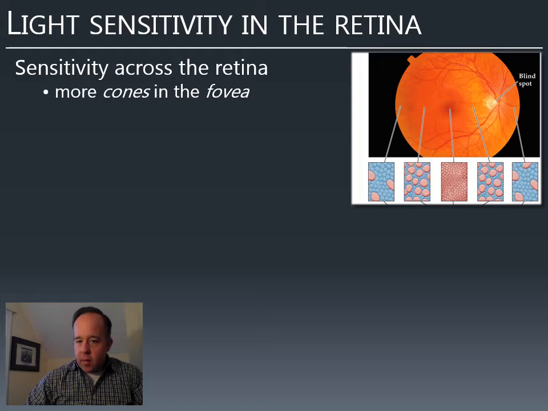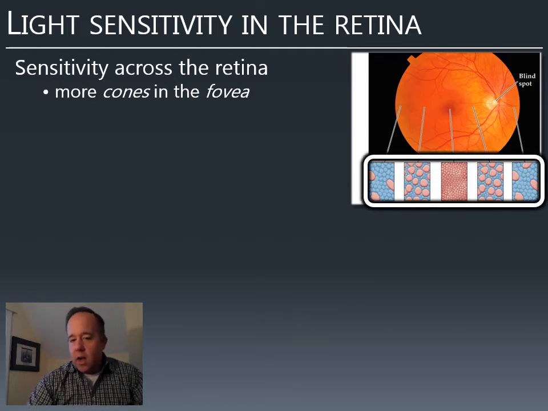And there are more cones there. And again, cones are responsible for color vision. They are also more responsive in bright light. And so if you're in a brightly lit room, and especially a colorful room, you're really using your cones quite heavily. And the middle of your vision is where you have the densest concentration of cones.